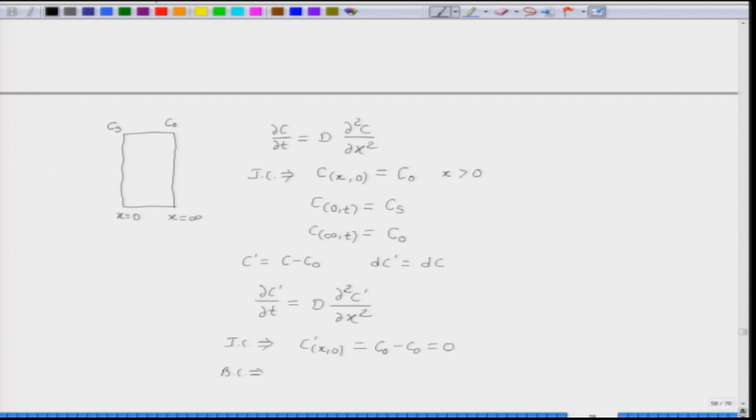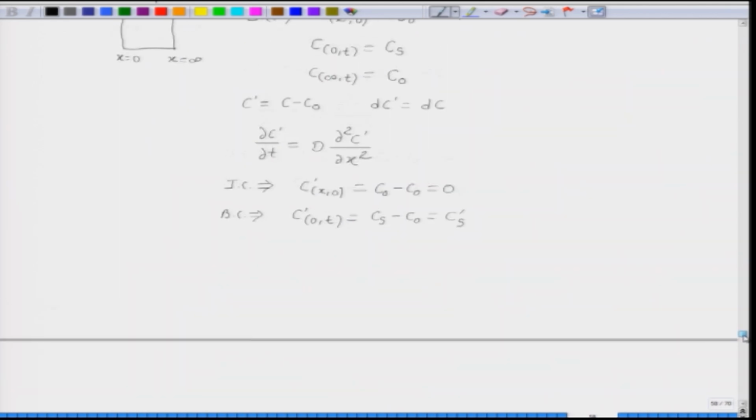The boundary conditions become C prime at x equal to 0 at any time t is equal to Cs minus C0, which we denote as Cs prime, and C prime at infinity at any time t is again C0 minus C0 equal to 0.